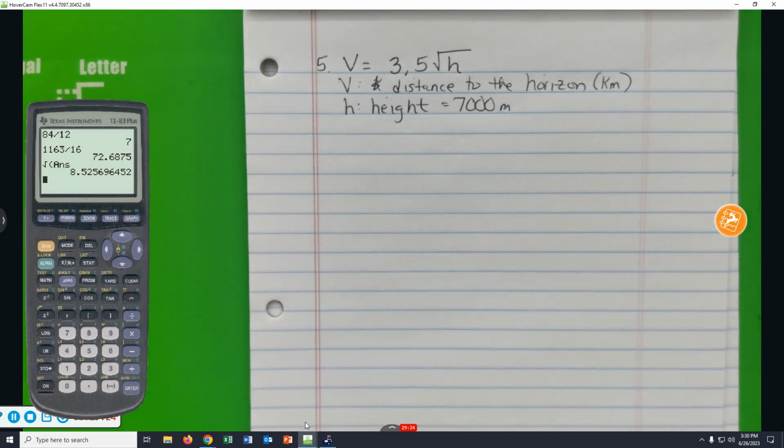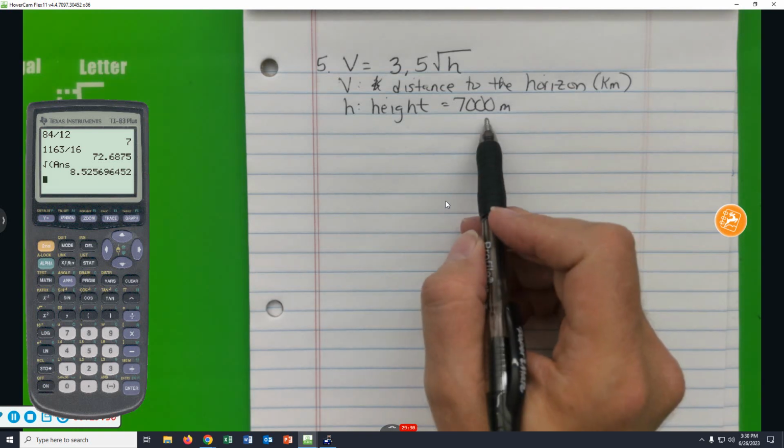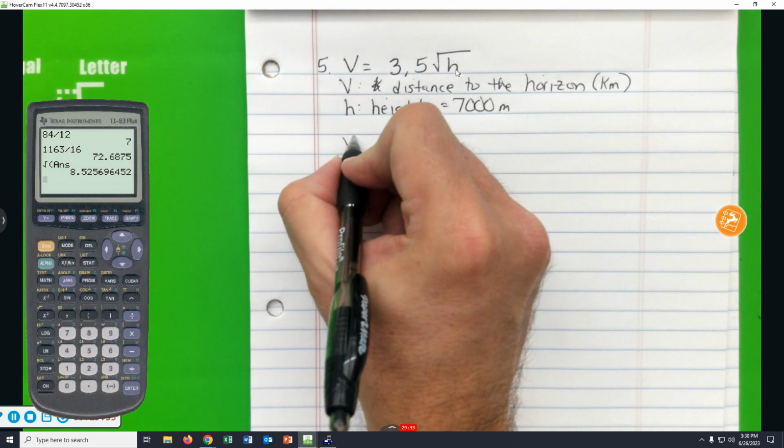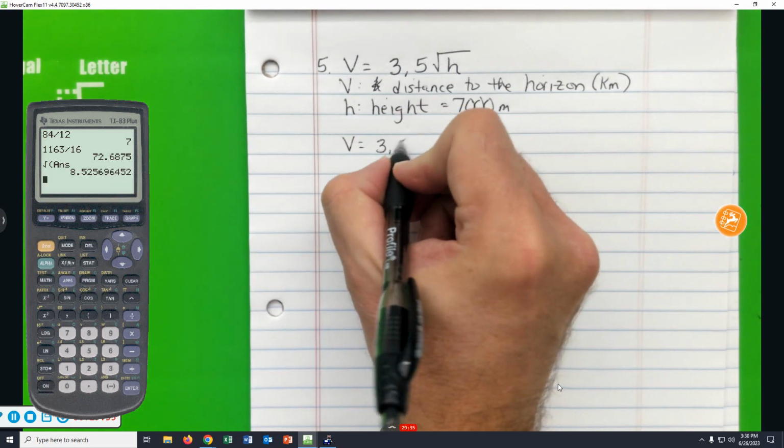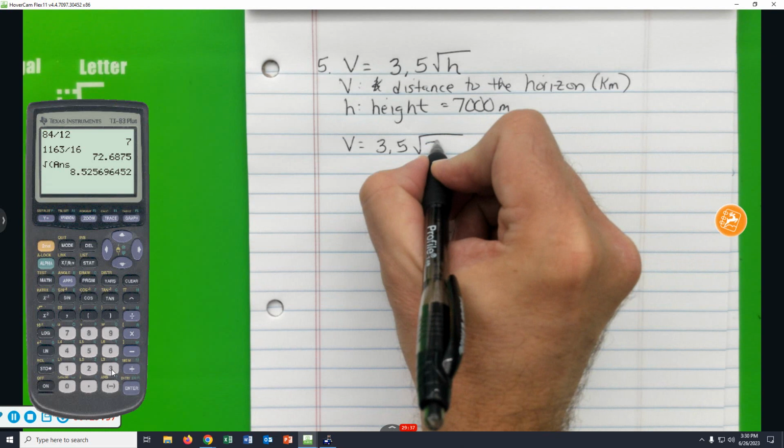Okay, so we want to know how far can we see if we're on an airplane 7,000 meters in the air looking at the horizon. Let's replace that H with 7,000.